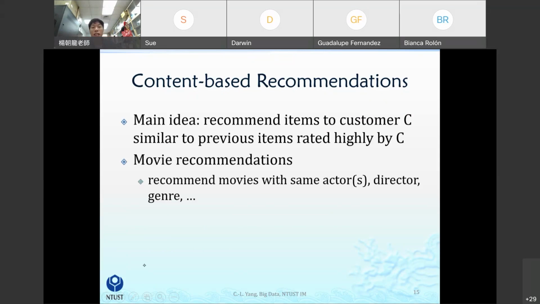For example, here is movie recommendation. Actually, it works this way. You want to recommend movies with, probably, the same actors, director, genre, and maybe what this particular user likes to watch. For example, I used to like Tom Cruise very much, as my idol when I was so young. Although right now he's still pretty old, right? I just noticed that.